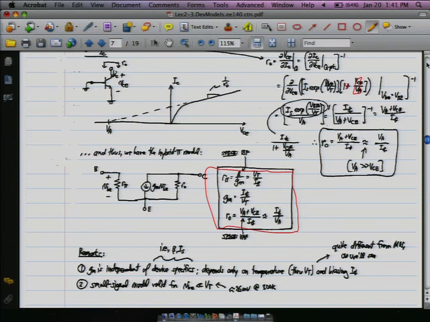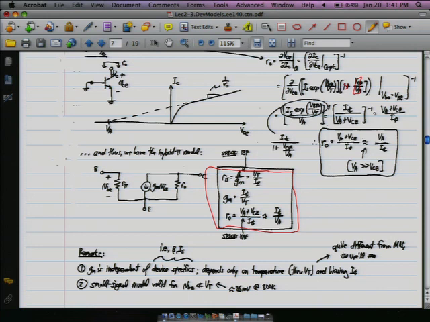So a few last remarks. The gm is largely independent of the specifics of the device. I mean, it's not truly independent of the device, but for the most part, since you're looking at it in terms of the bias current and the thermal voltage, you can pretty much treat it as is.